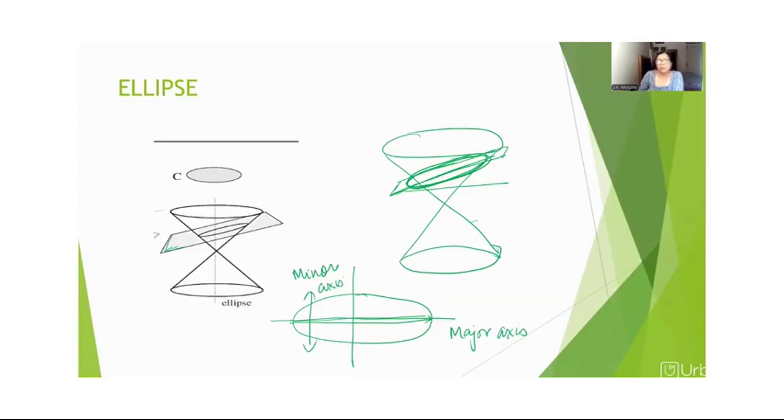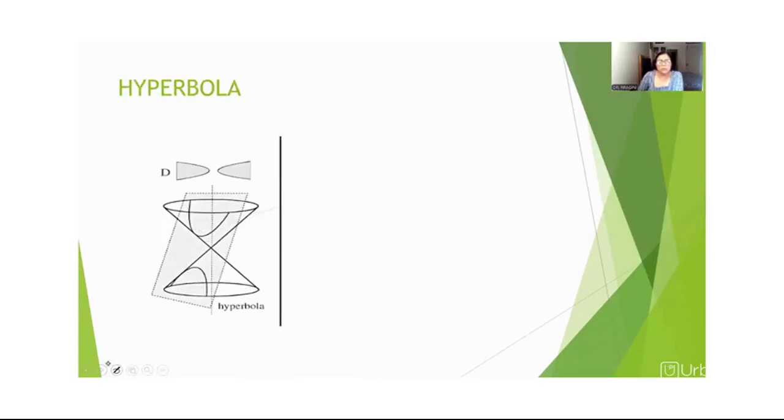right? And the last one is hyperbola. Now just assume this thing, right? This is a double cone, and you are making a cut such that the upper cone and the lower cone both are getting cut by a plane which is tilted. See, we cannot keep it straight. We are keeping it tilted, right?